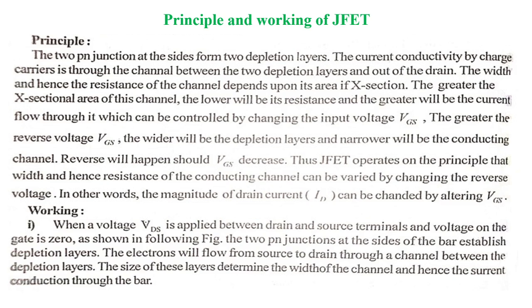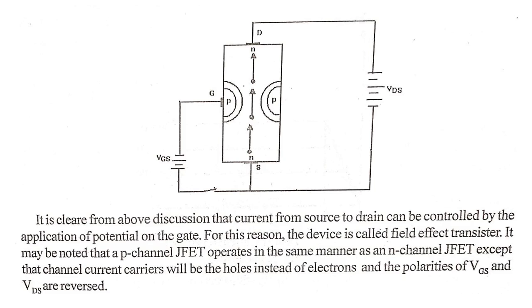Now see the working of JFET. It is clear from the above discussion that current from source to drain can be controlled by the application of potential on the gate.